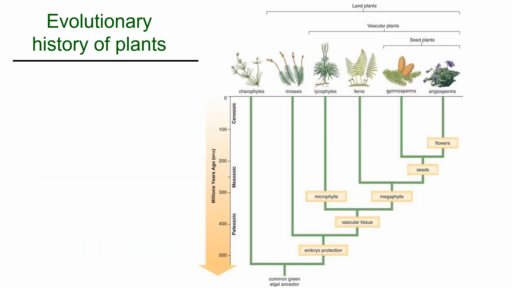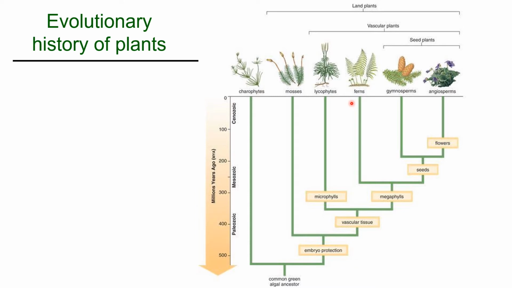Let's take a minute to think about the evolutionary history of plants. If we look up here at the top of the screen, you can see the groups of plants moving from left to right, from less developed, less complex, say, and older ancestrally, to the younger plants, the ones that have evolved more recently.